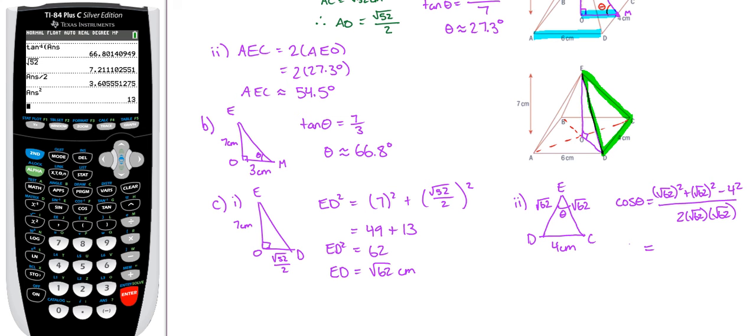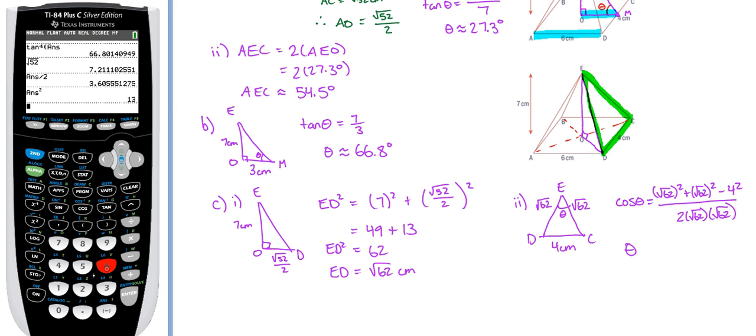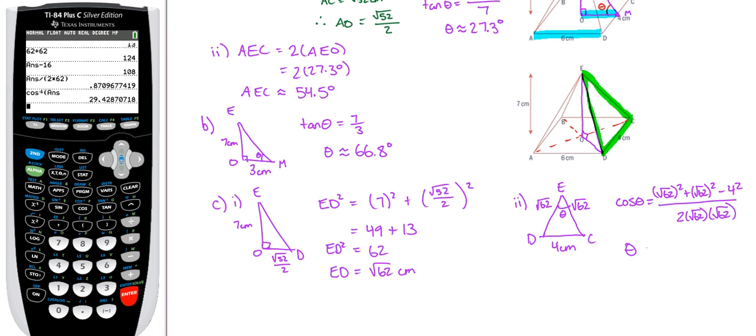So theta is going to be, root 62 squared is obviously 62, so I'm going to do 62 plus 62. I'm going to subtract 16, and root 62 on the bottom times root 62 is 62, so I'm going to divide that by 2 times 62. So that's my ratio, and then I have to take the cos inverse of that ratio because I'm using the cosine law, and I get theta is approximately equal to 29.4 degrees.